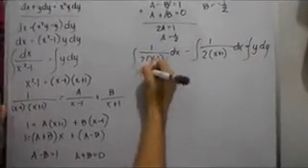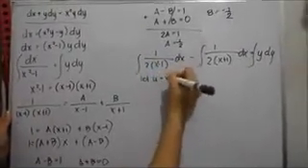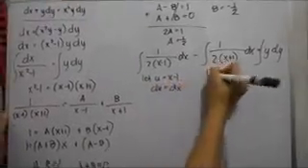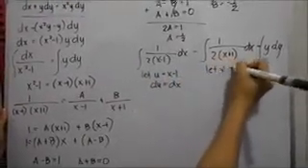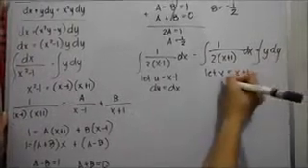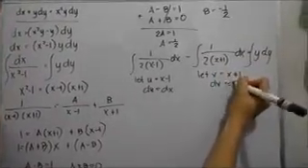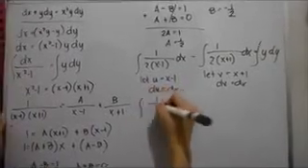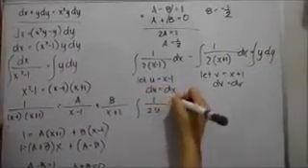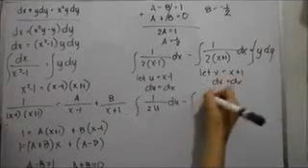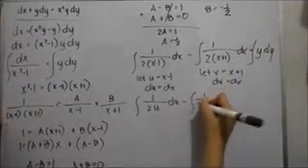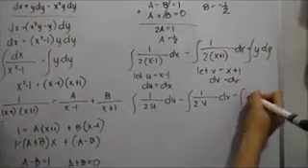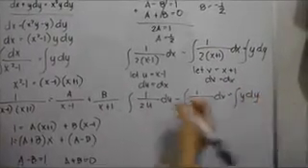Then let u is equal to x minus 1, let v is equal to x plus 1. Substitute it: 1 over 2u du minus 1 over 2v dv equals y dy.